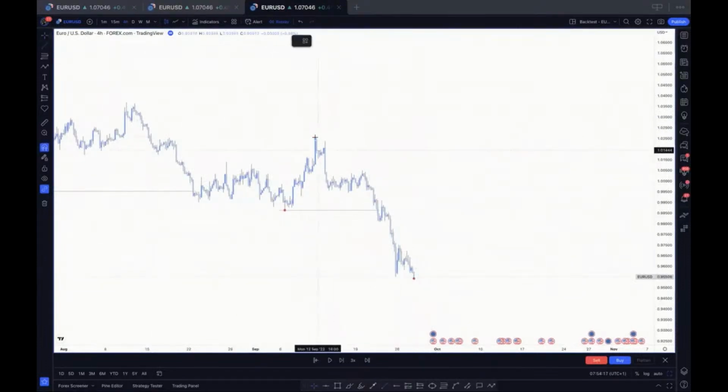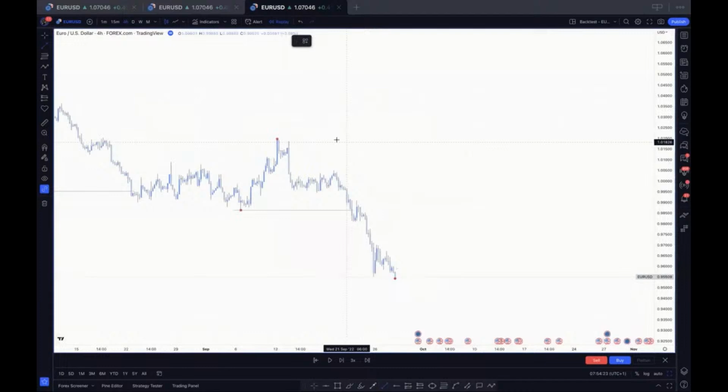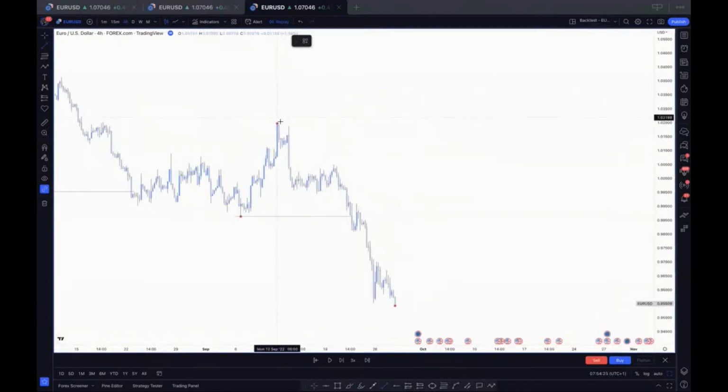Another thing I love to do is take the line tool here and put it on the wick, on this last higher high or swing high, and tap it there. On my computer, I normally hold Command and it snaps into position. Then I hold Shift, and it makes sure it's a straight line when I'm drawing this.